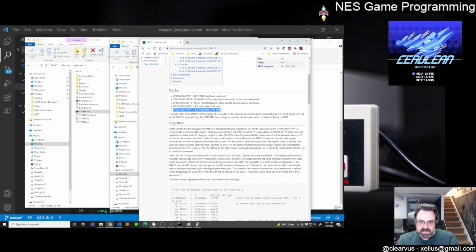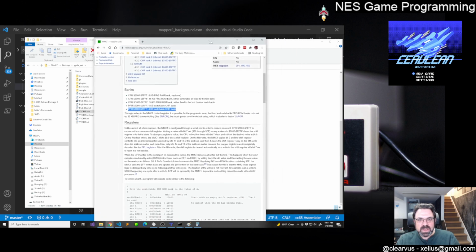MMC1 is configured through a serial port in order to reduce pin count. So the CPU is connected to a common shift register; writing a value with bit 7 set to any address clears the shift register to its initial state, and then to change the registered value, the CPU writes 5 times with bit 7 clear, and a bit of the desired value in bit 0. Wow.